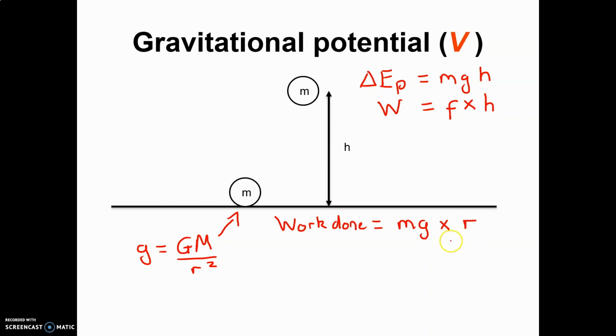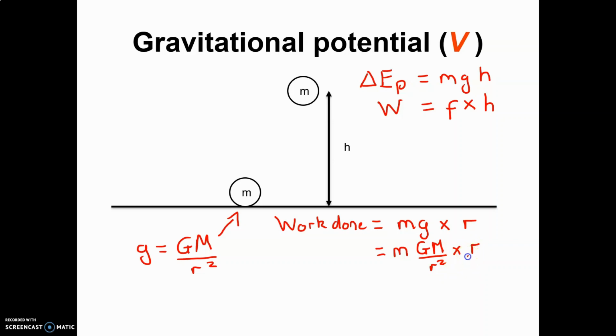The object is at a distance r from the center of the planet. So what I'm going to do is put in my value of g into this equation. So we get GM over r squared times r.